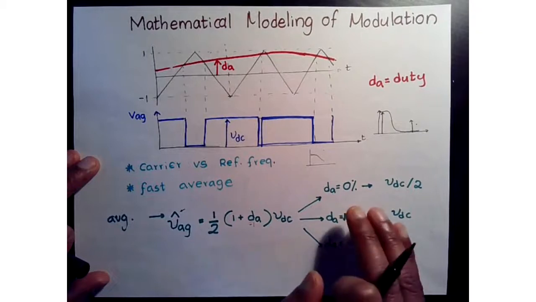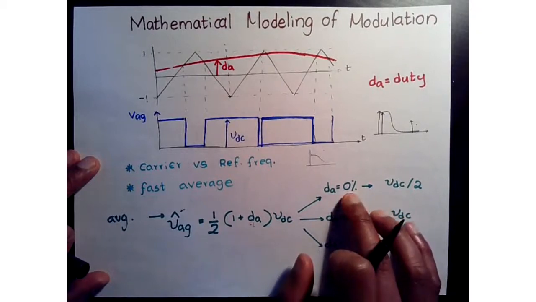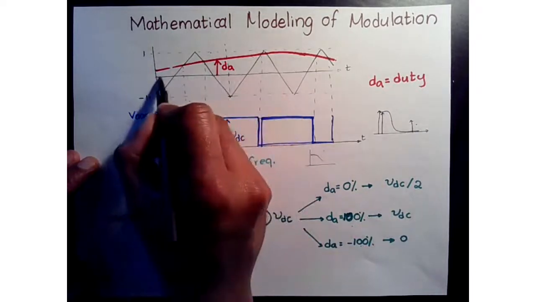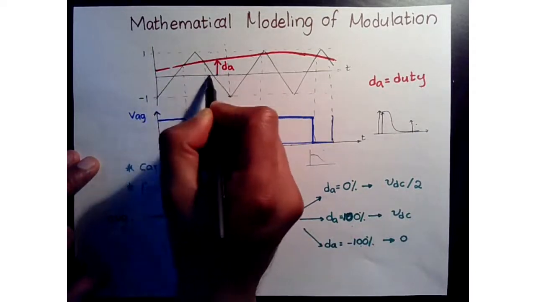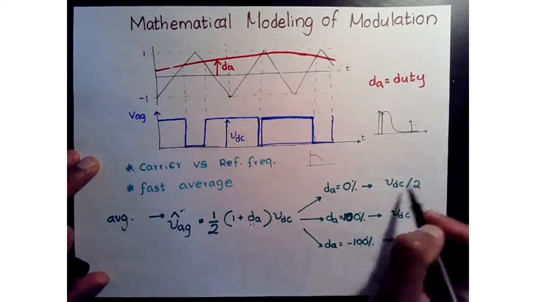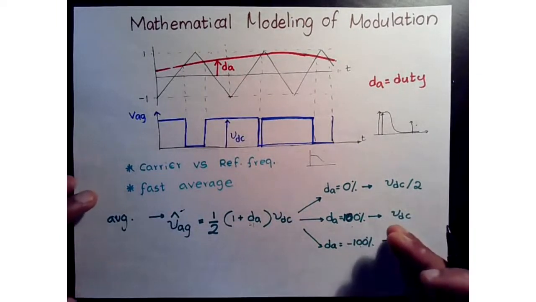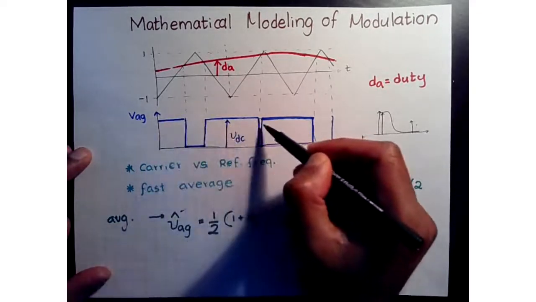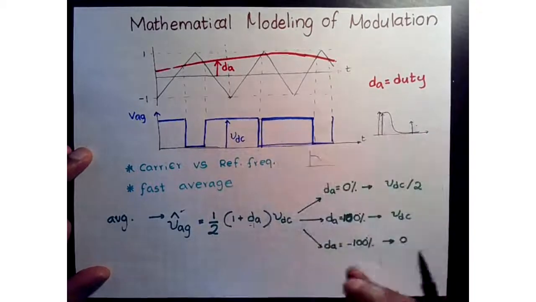And if you are considering 0%, that means right in the middle, right here, so this red waveform is right in the middle, and that will result in half the DC. So the point I'm trying to show you here is we are getting a voltage that modulates between 0 and VDC.